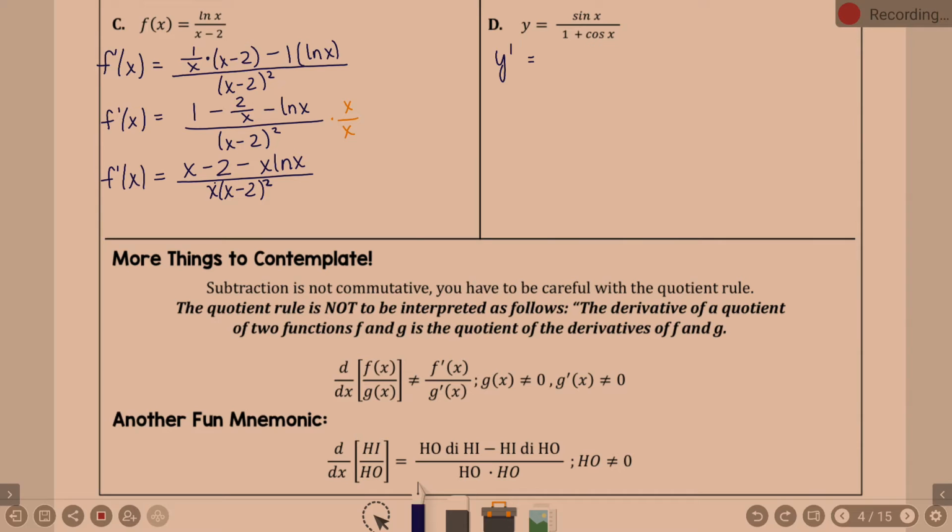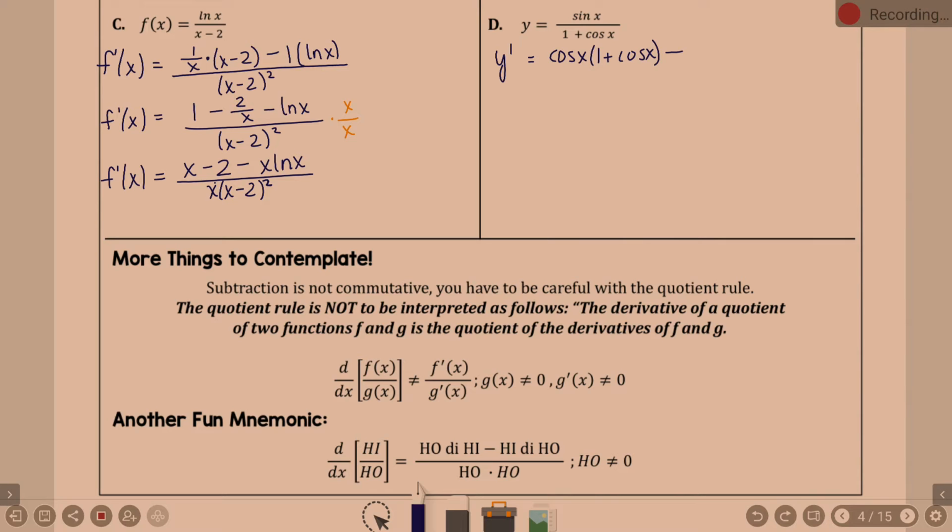Okay, D. Y is sine x over 1 plus cosine x. Quotient rule. Derivative of the top. Derivative of sine x is cosine x times the denominator. Then minus derivative of the denominator.